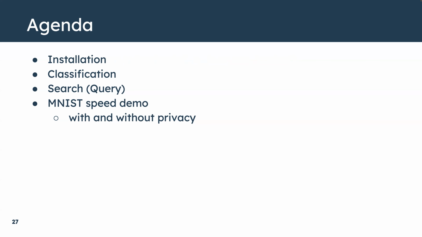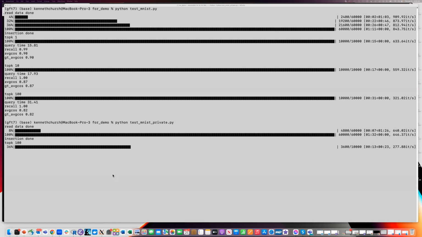So let's go back and see how we're doing. Okay, so we're now on the top 100, and it's 68% done. So we don't have to talk too much longer.